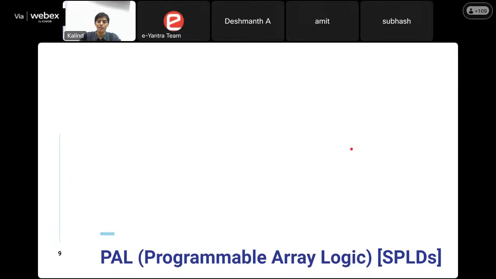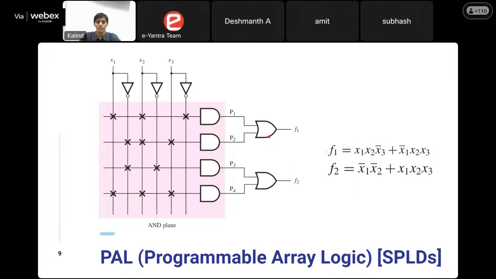The other type of SPLD is PAL, programmable array logic, in which, for example, again I'm taking two Boolean functions, let's say F1 and F2. But in this case, the AND plane is programmable, but the OR plane is fixed. So basically, you cannot change the inputs of these OR gates. They are already fixed to these two AND gates' outputs.